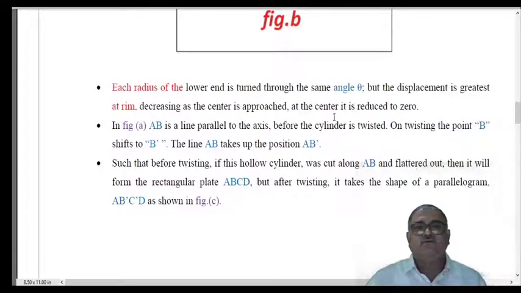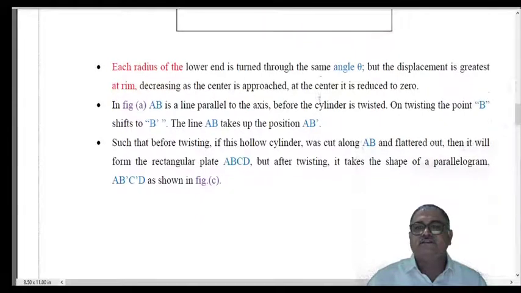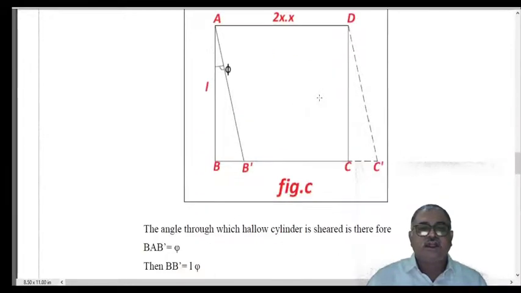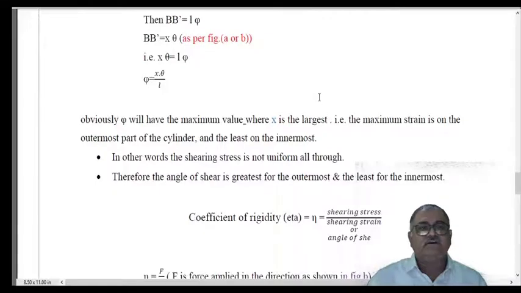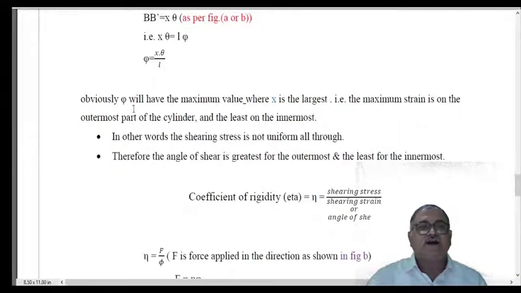See now, each radius of the lower end is turned through the same angle theta, but the displacement is greatest at the rim, decreasing as the center is approached. At the center it is reduced to 0. In that same fashion, he says that phi will have the maximum value where x is the largest, that is the maximum strain on the outermost part of the cylinder, and least on the innermost.